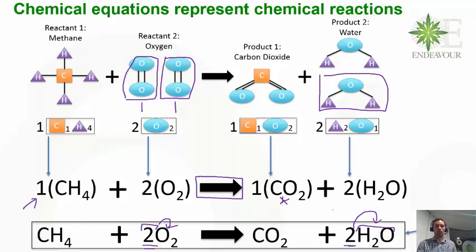So it's very key that we understand what the different numbers mean in the chemical equation. If you have a number in front of a molecule, that tells you how many lots of that molecule there are. For example, the 2 in front of the O2 here tells you that there's 2 lots of the O2.